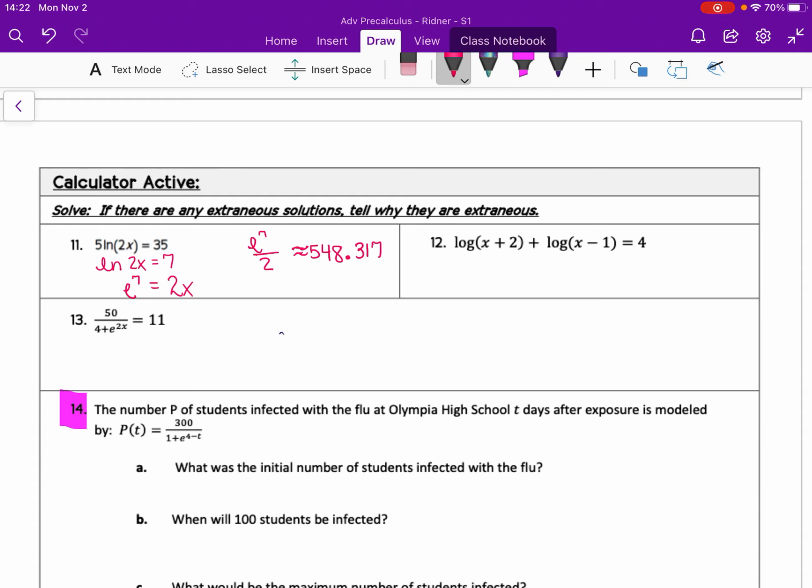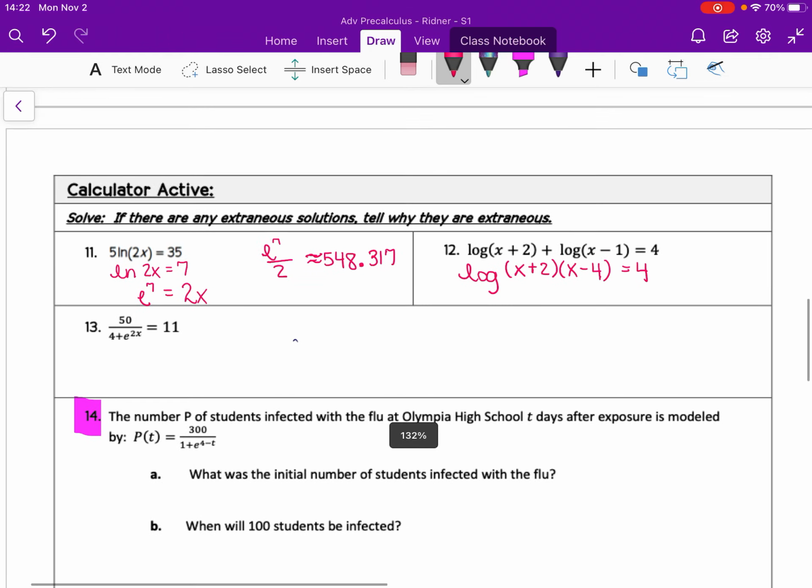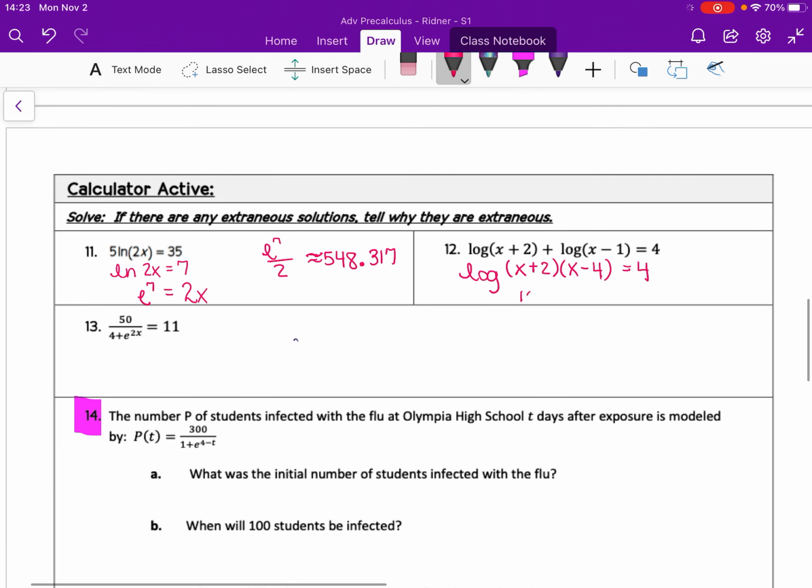Number 11 is a not fun one because it does not factor. I was hoping it did factor, but it doesn't. This I use properties. So if I have a log being split with a plus sign, that actually means multiply. Then when I convert forms, I'm going to get 10 to the 4th power equals x squared minus 2x minus 8.